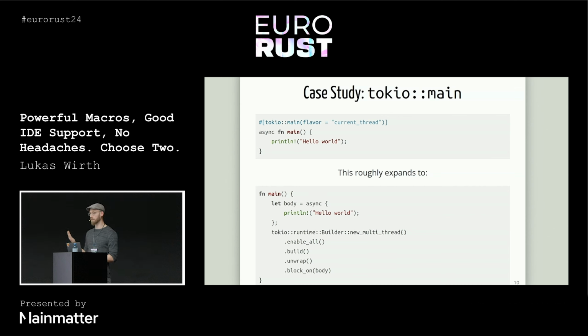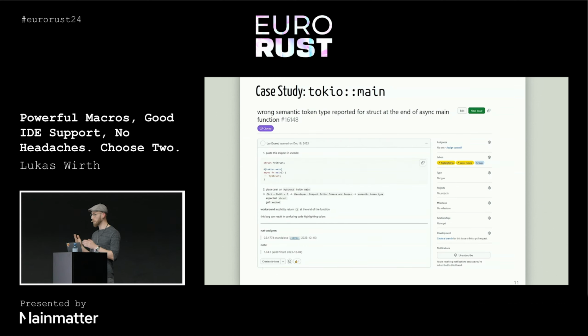So what were some problems we were actually encountering with this? One of the more not popular, but more common ones we've got reported is weird semantic highlighting. So I showed you this one macro that still highlighted just fine, even though all the tokens were in German. The way Rust Analyzer does that is by using semantic highlighting, which is a different form of syntax highlighting that, well, thrives on semantics instead of the grammar of the syntax file.